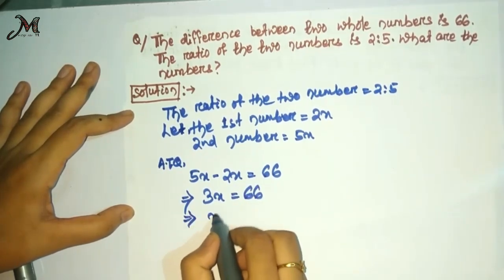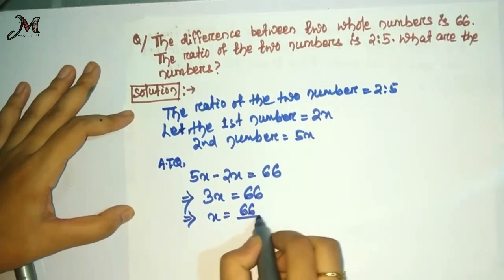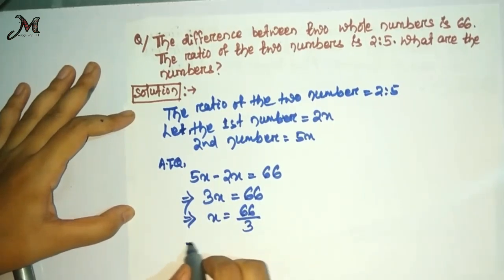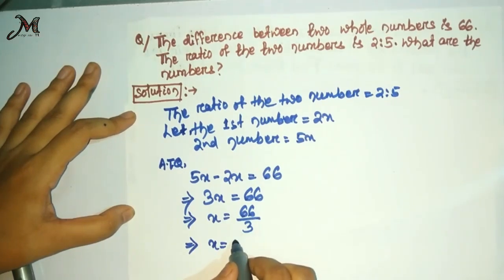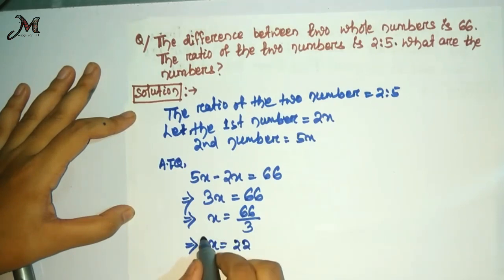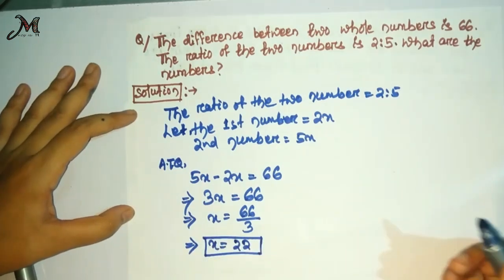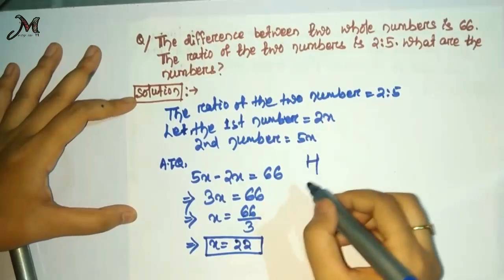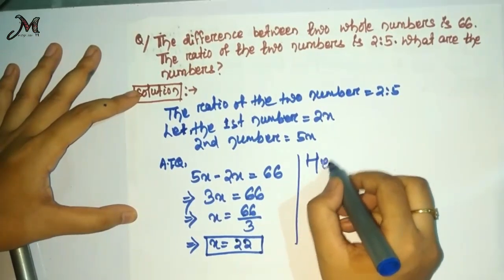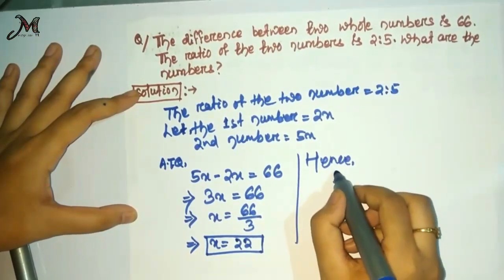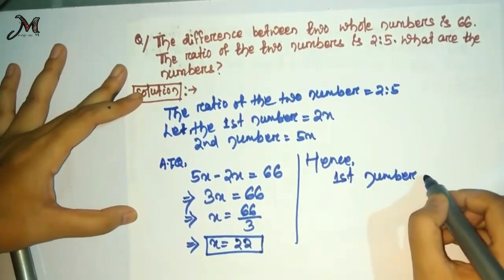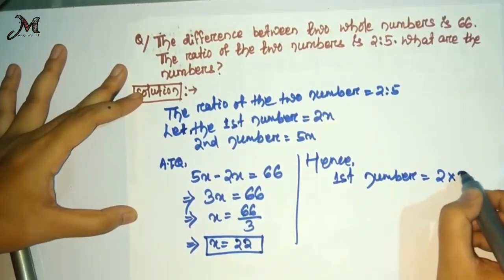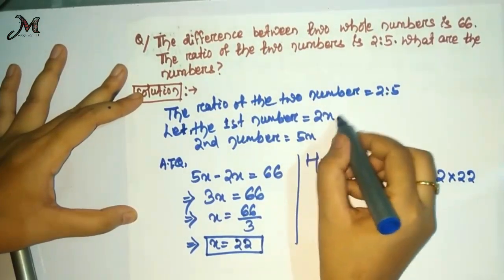Now x will be 66 divided by 3. So that can be simplified and we can write x is equal to 22. Now we'll find the two numbers. Hence, first number is equal to 2 into 22, because first number is 2x, right?